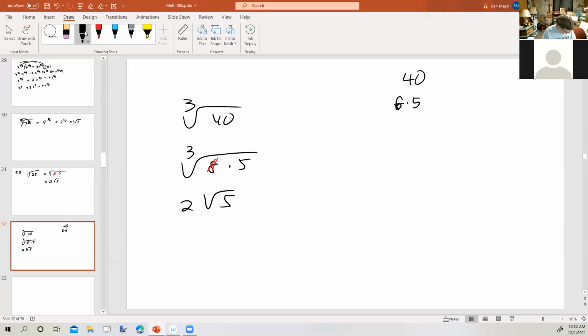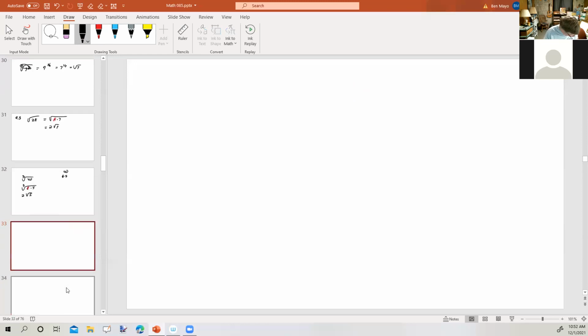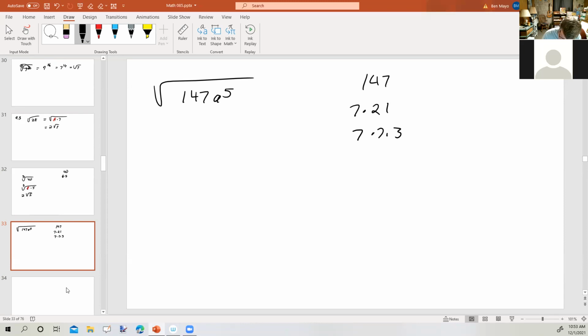Let's see here. I've got this situation, the square root of 147a to the 5th. My index is a 2. I'm taking a square root, so I'm looking for squares. 147 is 7 times 21, which is 7 times 7 times 3. So that's 7 squared times 3.